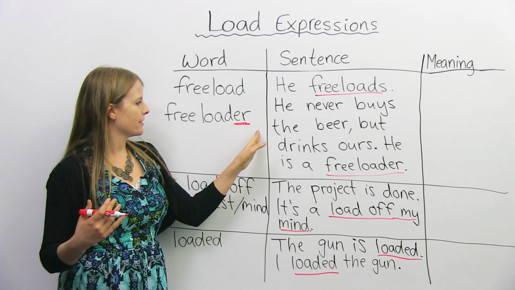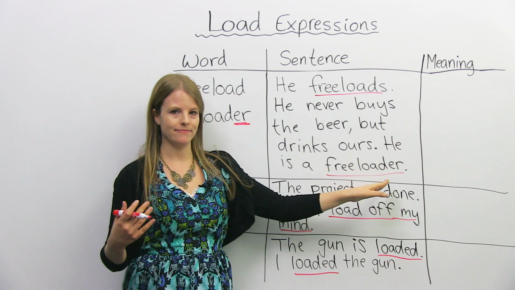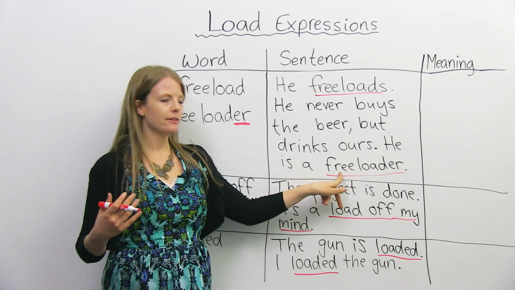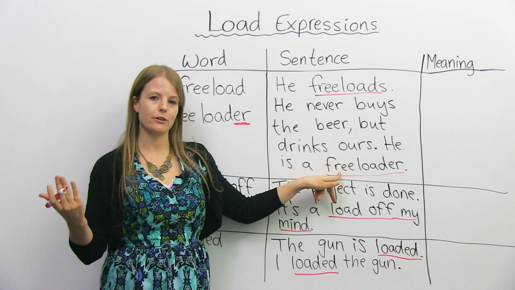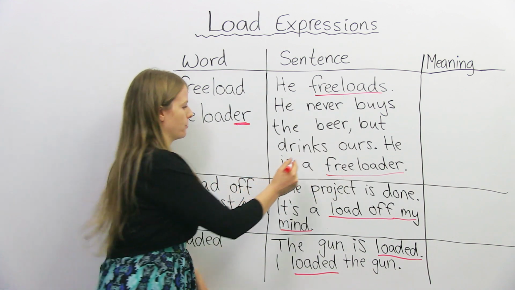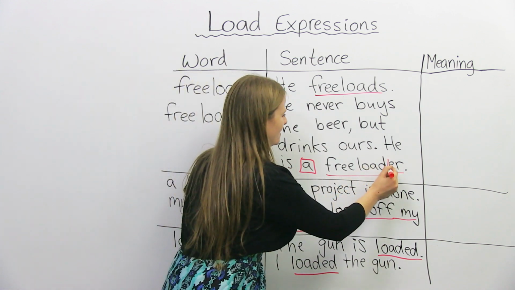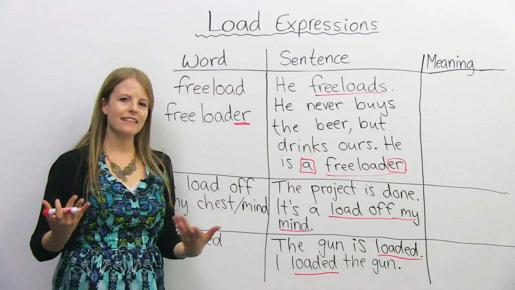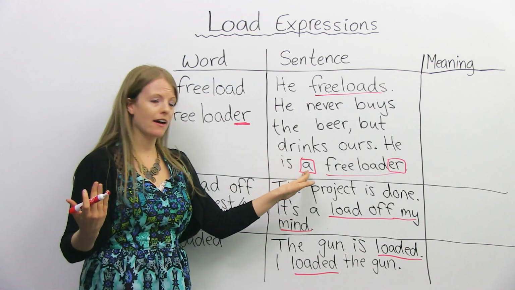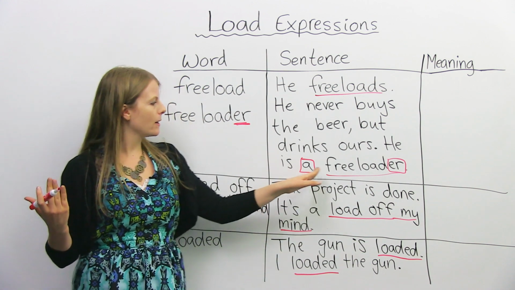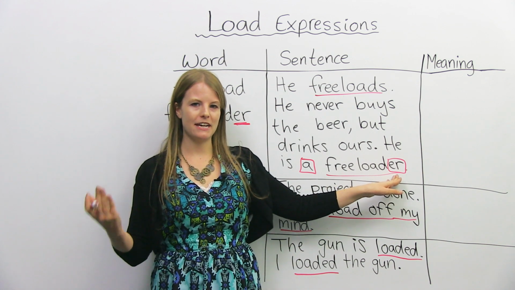He never buys the beer, but drinks ours. He is a freeloader. Okay, so the word freeloader, do you think it's an adjective, noun, adverb, verb? In this case, again, we have the word a before it. And we also have er. These are clues that it's a noun. Okay, so nouns often have a before them, as well as whenever you see er, a lot of the times it's going to be a noun.